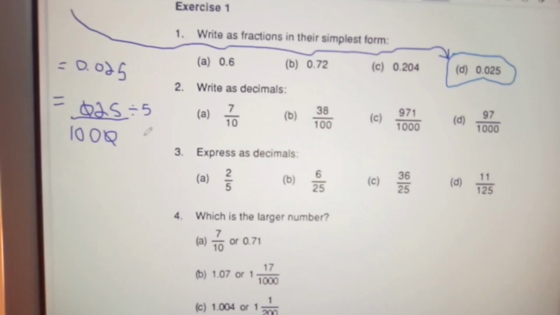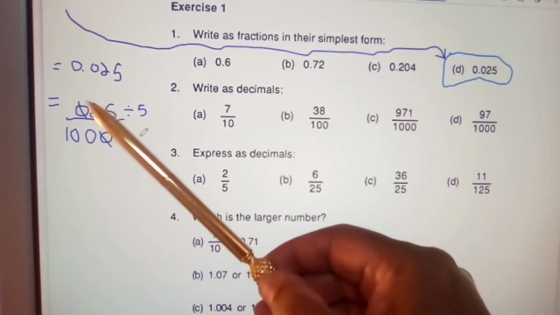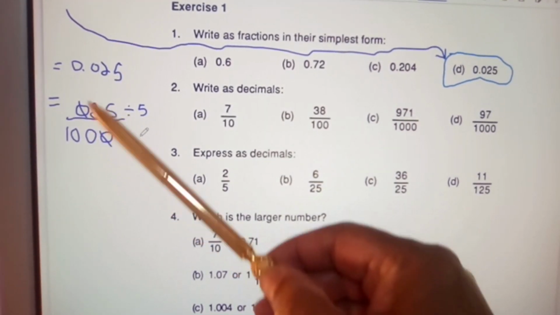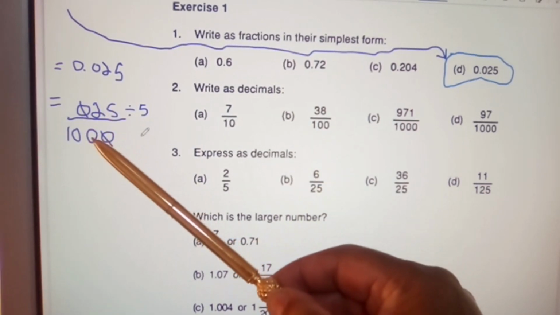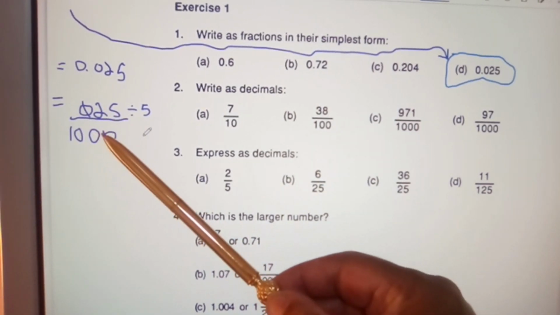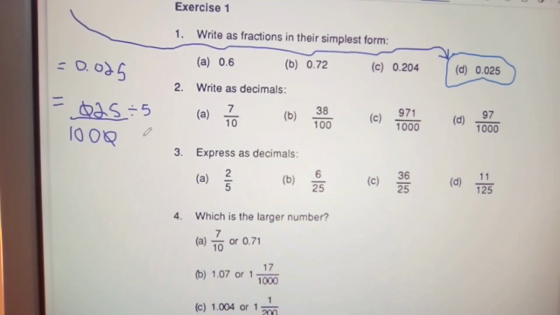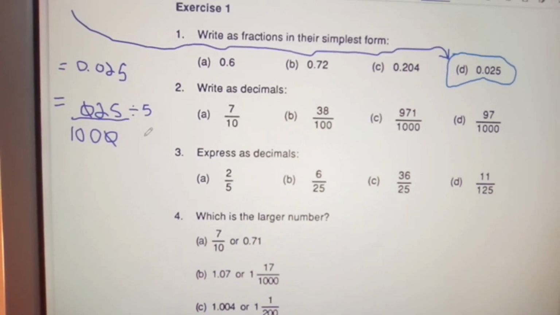Because remember, I'm looking for a number that will go into 25 and 100 or 25 and 1,000, depending on your perspective of the question. Then 5 will work for me.